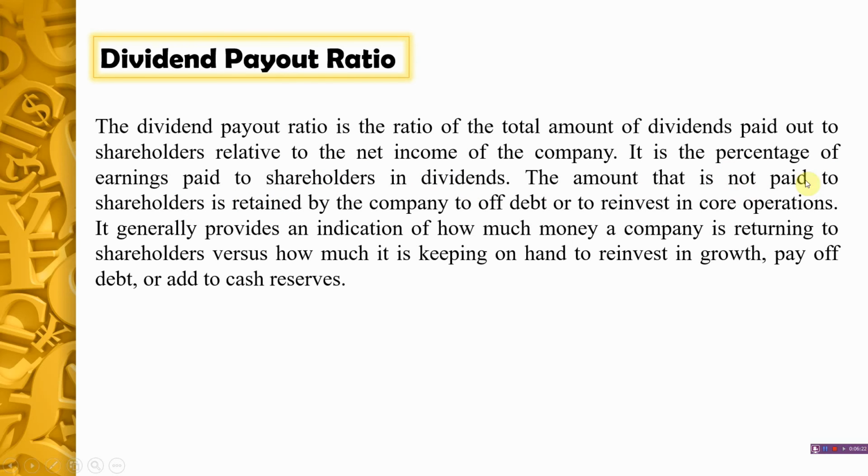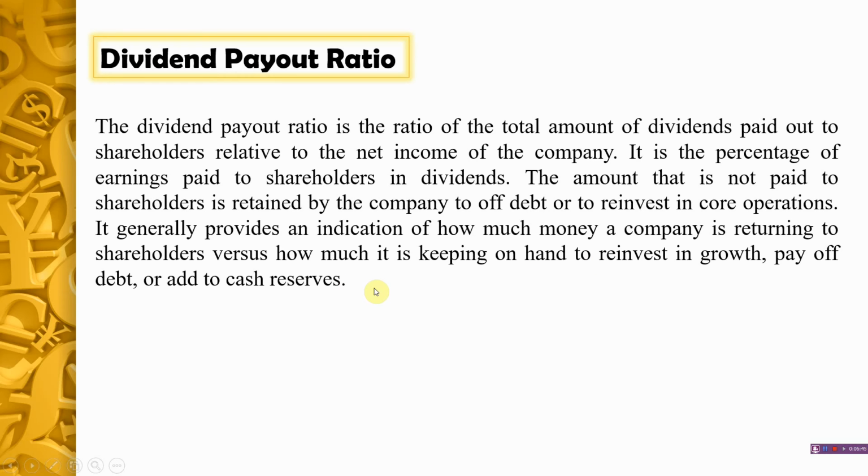The amount that is not paid to shareholders is retained by the company to pay off debt or to reinvest in core operations. It generally provides an indication of how much money a company is returning to shareholders versus how much it is keeping on hand to reinvest in growth, pay off debt, or add to cash reserves.